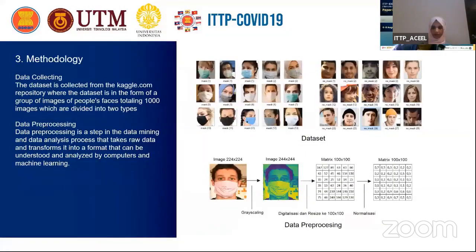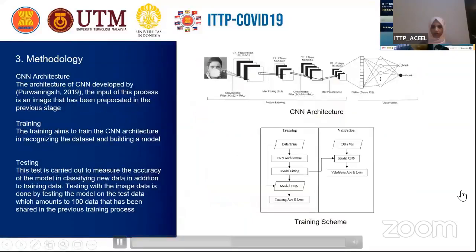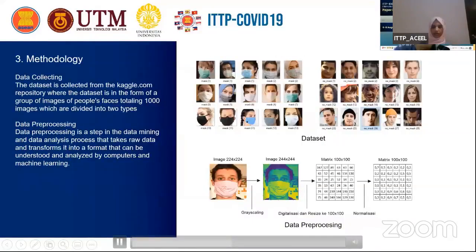The methodology. In the study, the first step we have to do is data collecting. Data collecting is collecting data from the Kaggle.com repository, which is a group of images of people passing, totaling 1,000 images, divided into two types: using a mask and not using a mask.